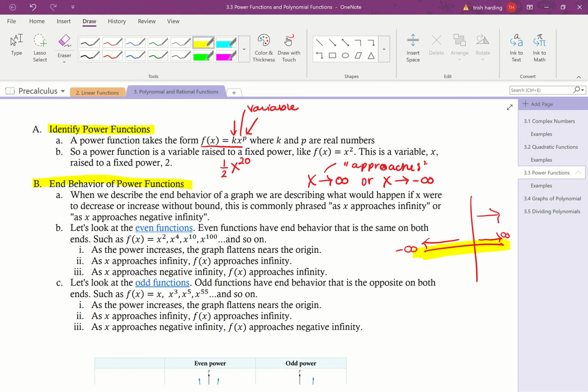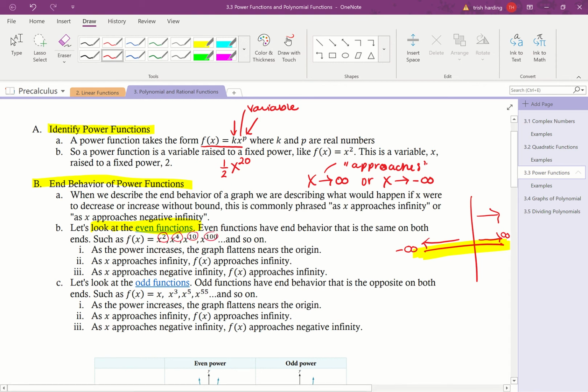So one thing we're going to do is have a look at even functions first, because I prefer even numbers. They're nice. I like it when I can break things up pretty easily. So even functions have end behavior that will be the same on both ends. And these are power functions that have an even power. So 2, 4, 10, 100.